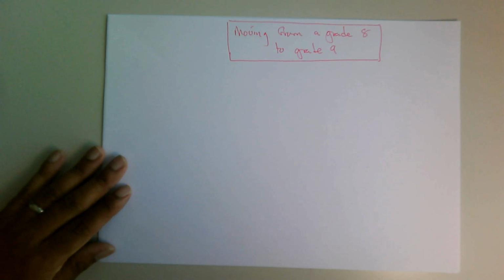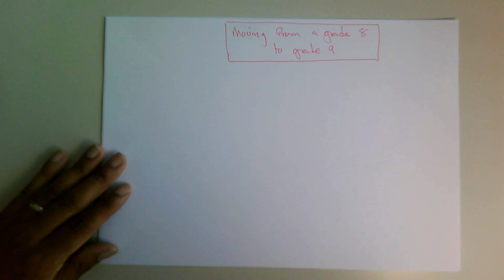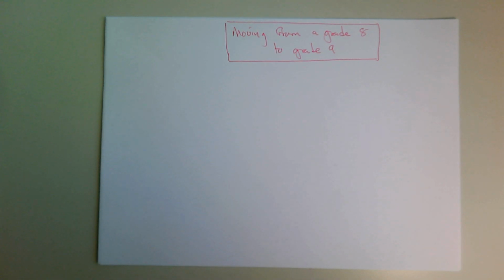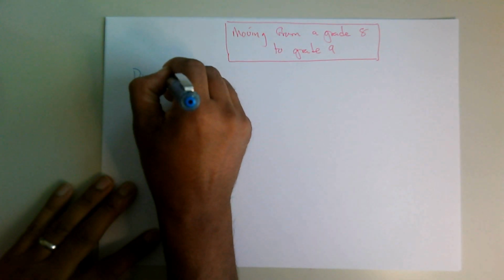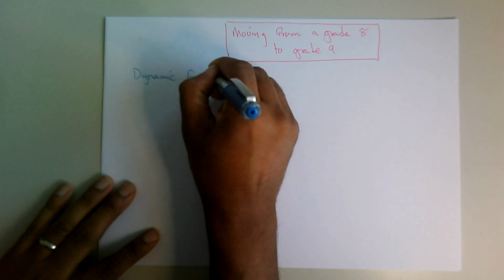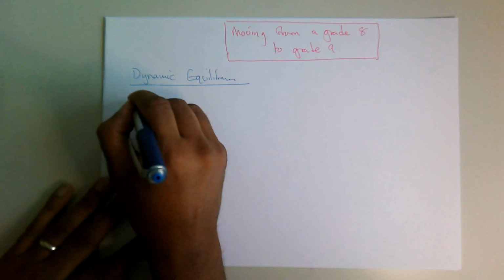Now, the main content in paper 2 that's quite challenging is looking at equilibria. So first thing is defining dynamic equilibrium. So dynamic equilibrium is when you have a reversible reaction.